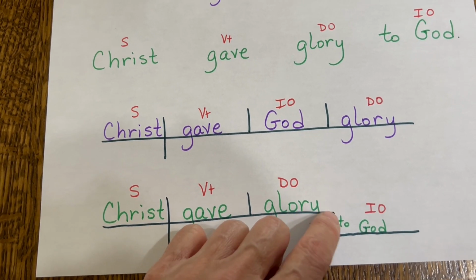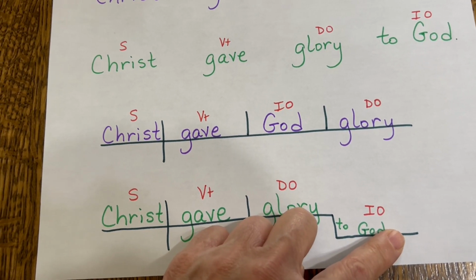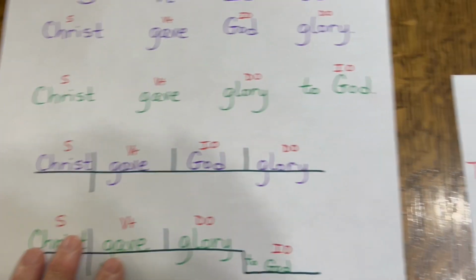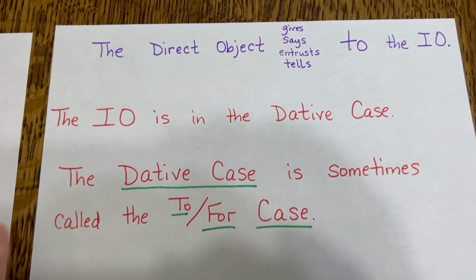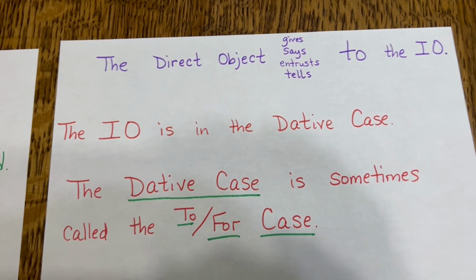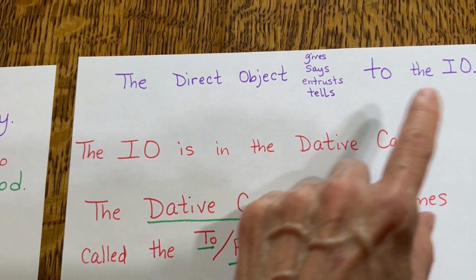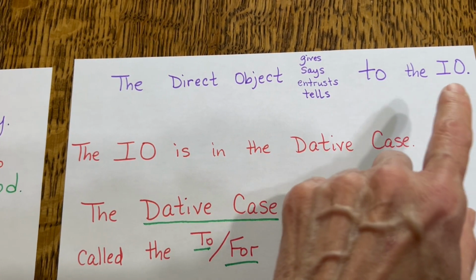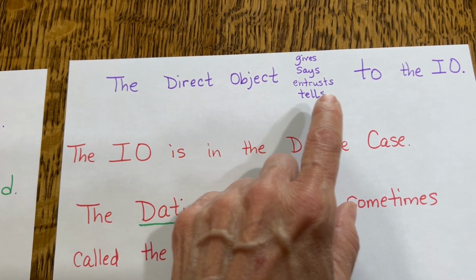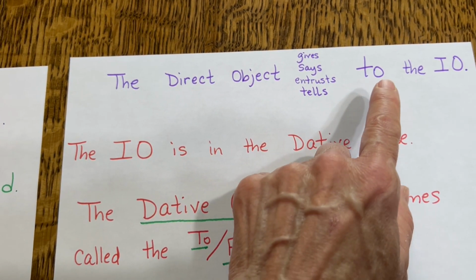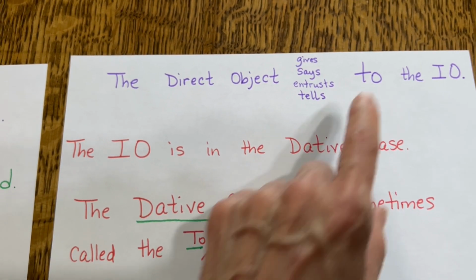The direct object is giving something to the indirect object. So the direct object gives something to the indirect object, or it says something to them, or it entrusts something to the indirect object, or it could tell something to the indirect object. This is your main word here, this to.